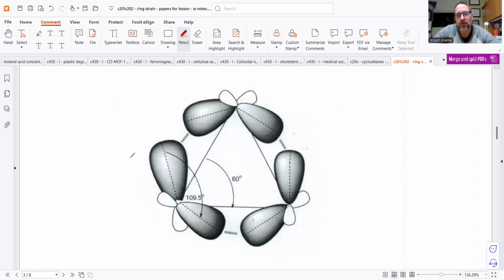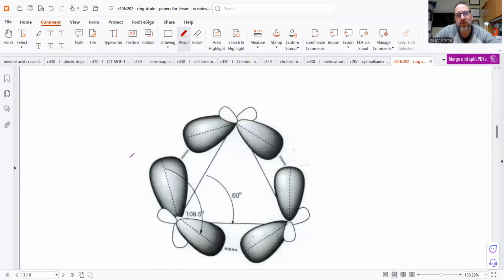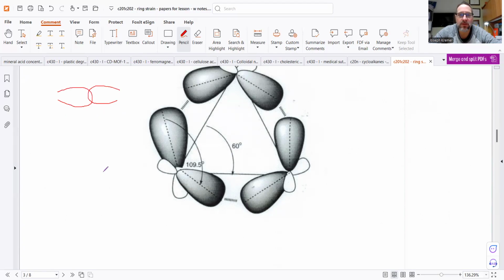Oh, how awful. As an organic chemist, seeing orbitals looking like this bothers me. These orbitals should be meeting head on, like we saw in chapter one. Come on, that's what they're supposed to do.